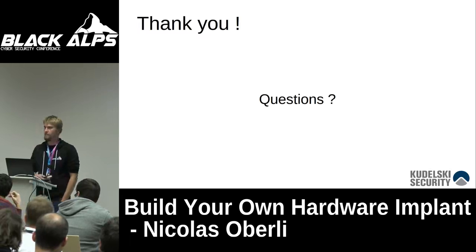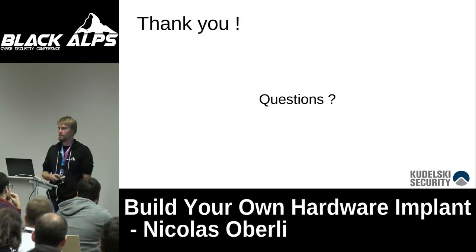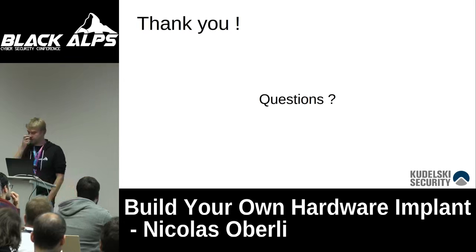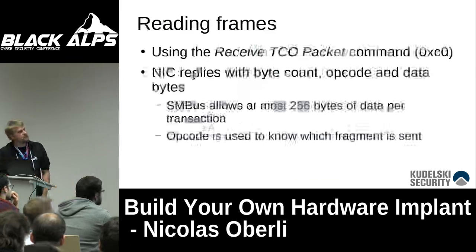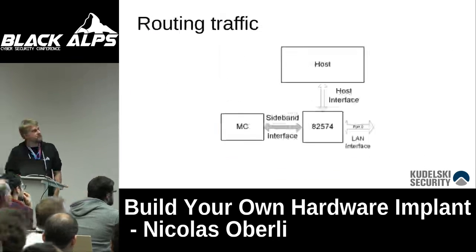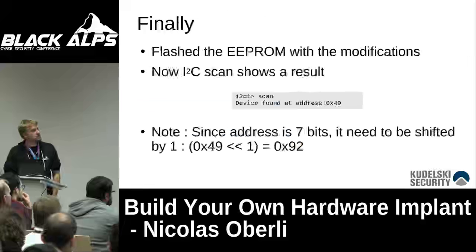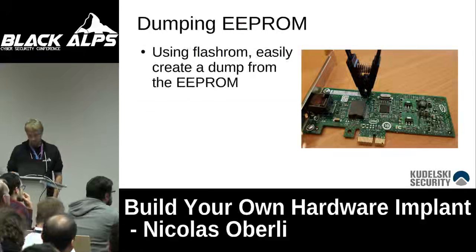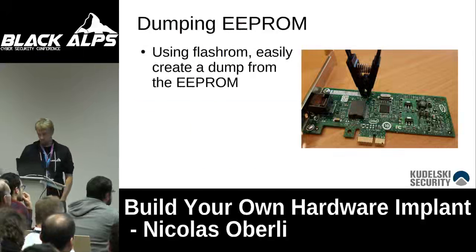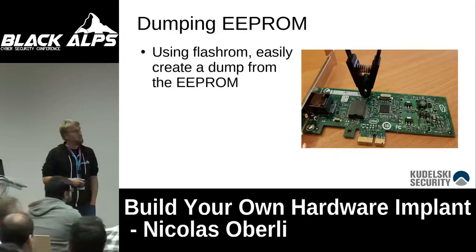Is there a way to access the EEPROM from the PCI port? Not on that specific card. Maybe on some others. If I check the picture back, I didn't show that to you, but maybe I have a better image. Okay, there.